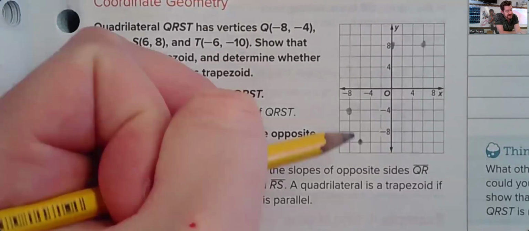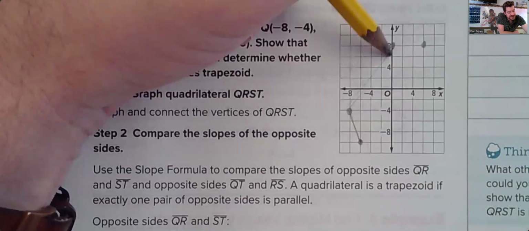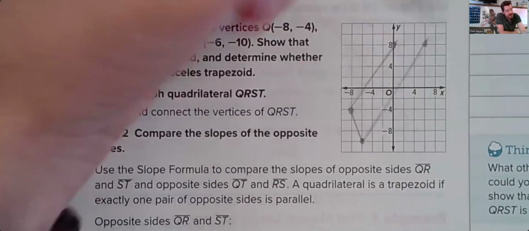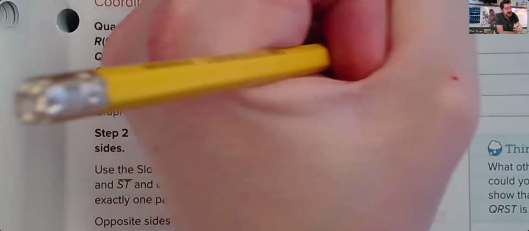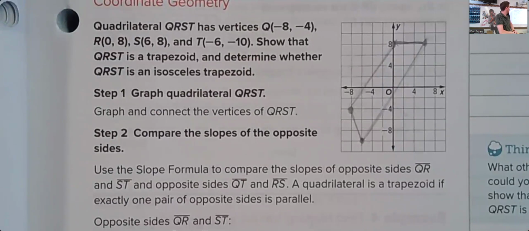Determine whether it's isosceles or not. All right. So it tells us, first of all, we have a trapezoid. And we're trying to figure out if this is isosceles. That's the whole idea on this one. If it's a trapezoid, that means we have a pair of parallel sides no matter what.